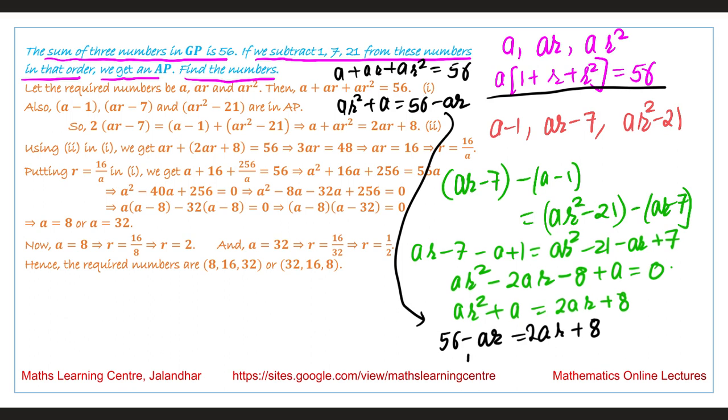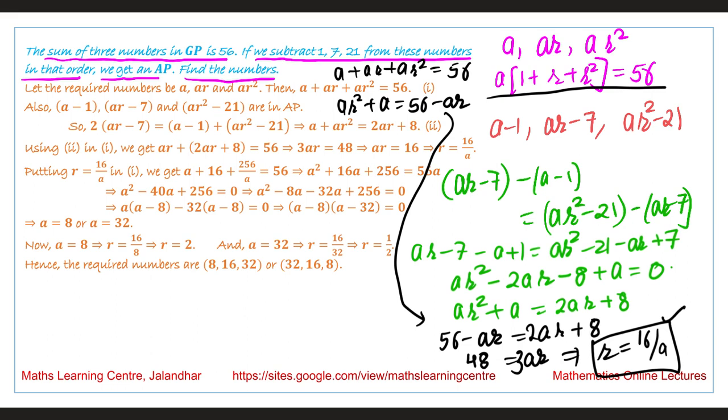So we get 48 is equal to 3 into AR, and this implies that the value of R we obtain is equal to 16 upon A. So this is the value of R that we have.